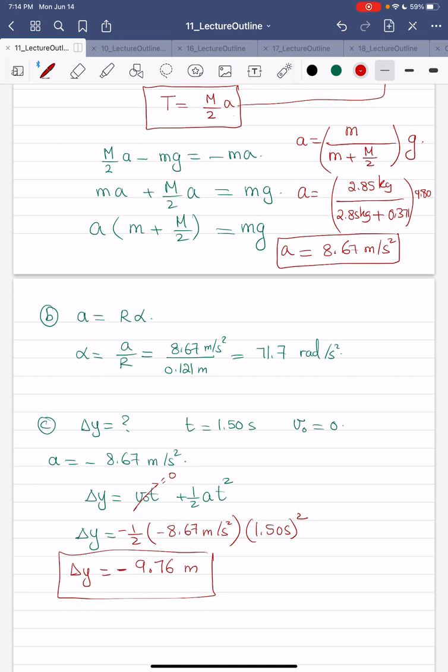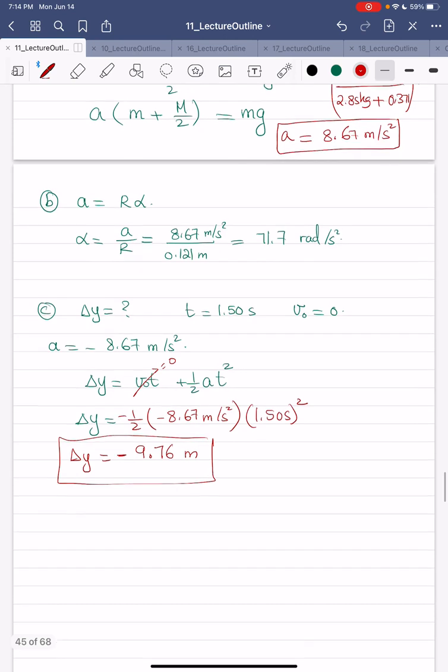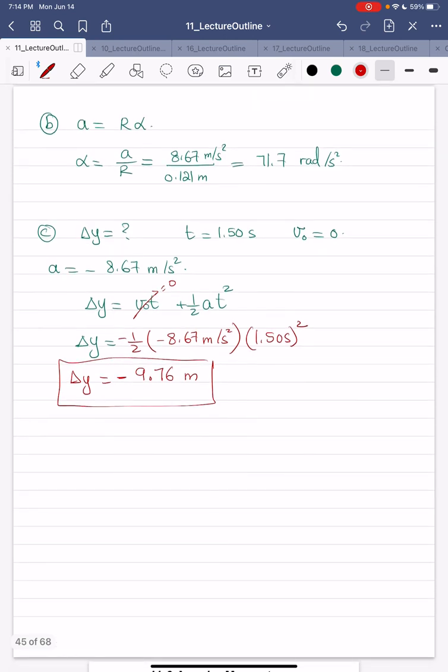And you know that my initial velocity is 0. Then I will be able to calculate my delta y, negative 9.76. And since it was really from y equals 0, then my y is negative 9.76.